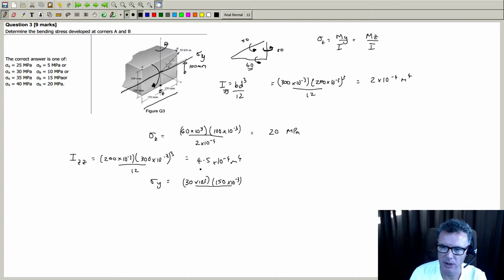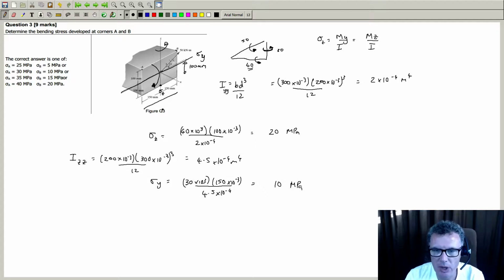And then divide it by the I value, the second moment of area value, 4.5 times 10 to the minus 4. Put that in my calculator, and I get 10 megapascals.